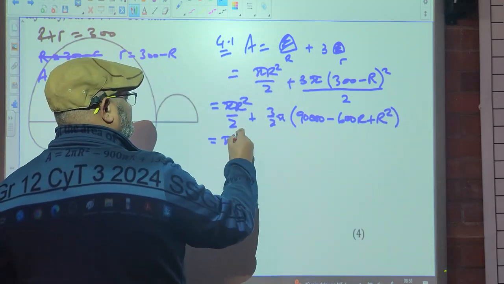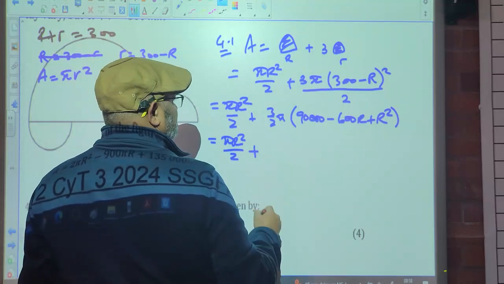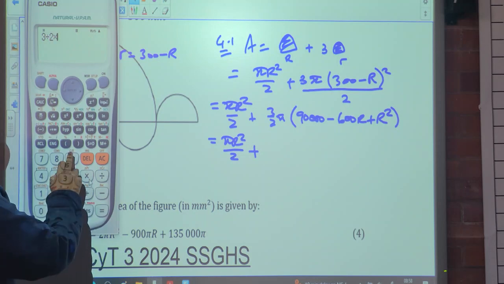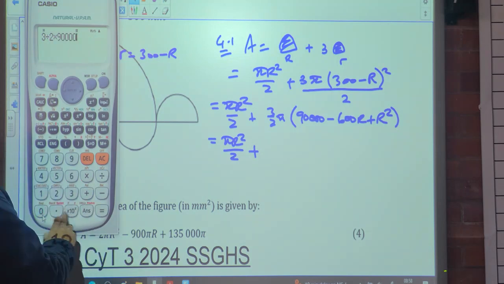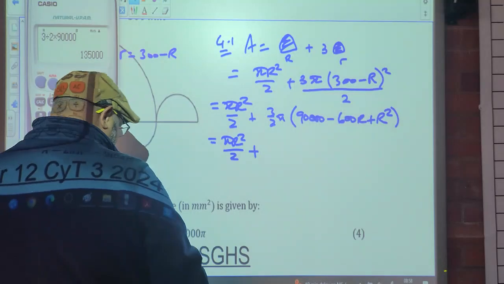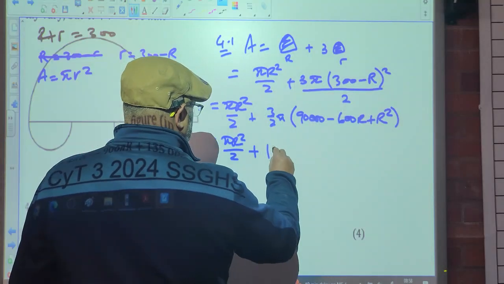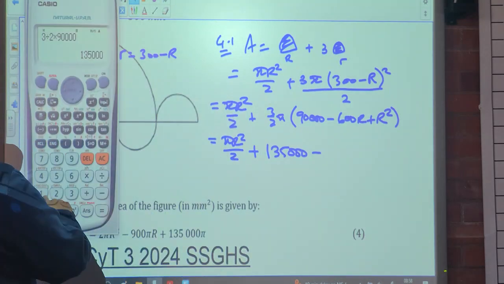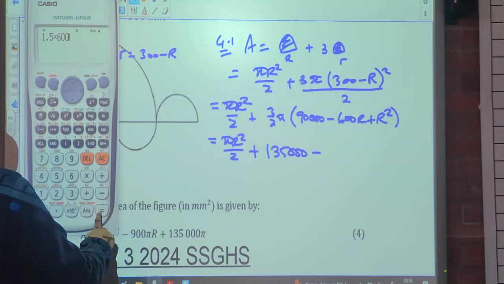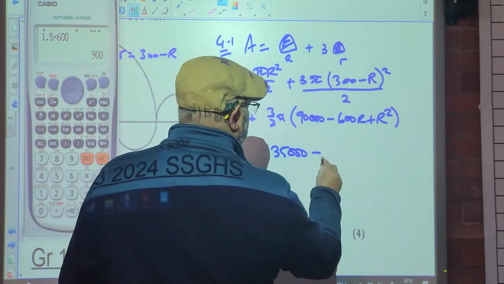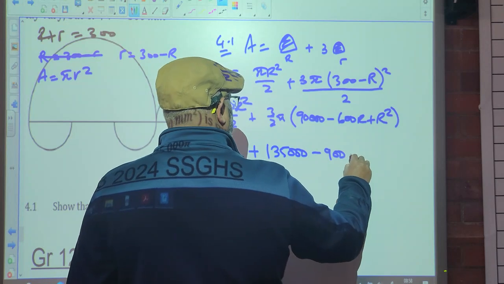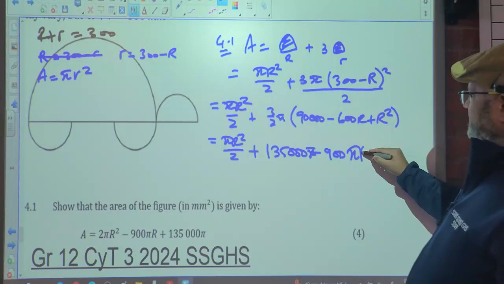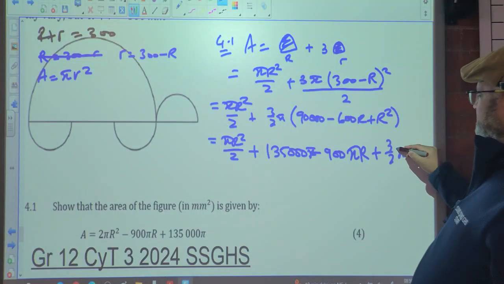Multiply that out, I get pi R squared over 2 plus, now 3 over 2 multiplied by 90,000 gives us 135,000 pi, minus 3 over 2 times 600 gives us 900 pi R, plus 3 over 2 pi R squared.